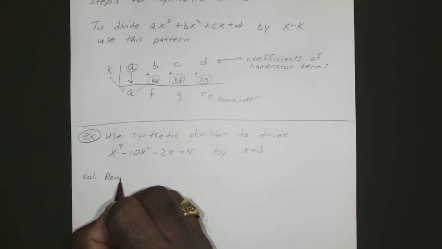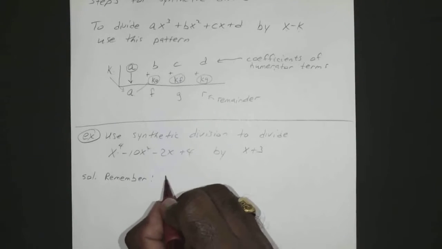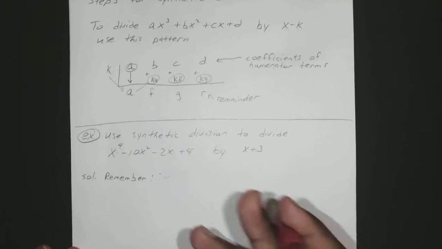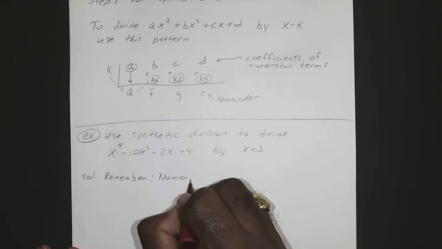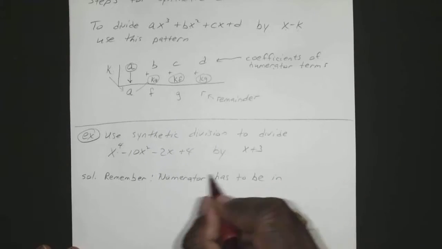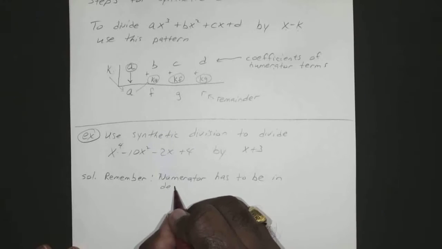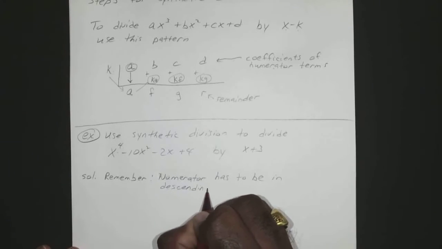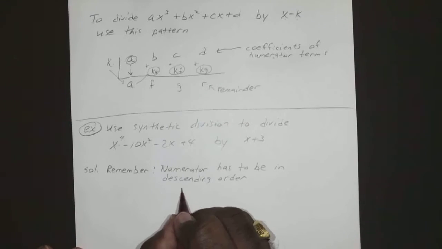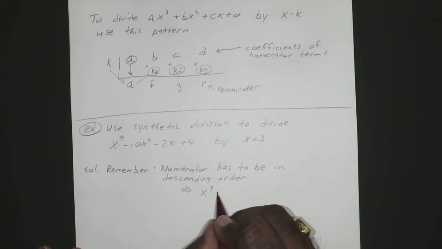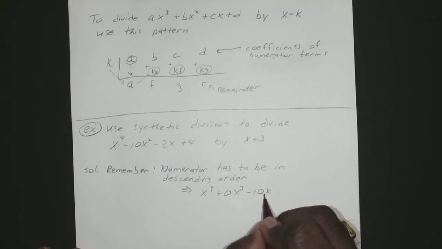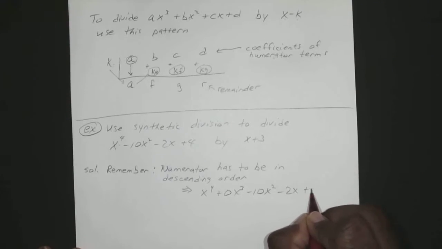Okay, so you want to remember the numerator has to be written in descending order of exponents. Okay, so that means we have to write that as x to the fourth plus 0x to the third minus 10x squared minus 2x plus 4.